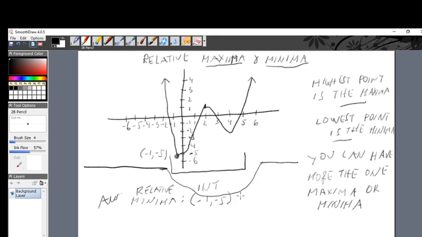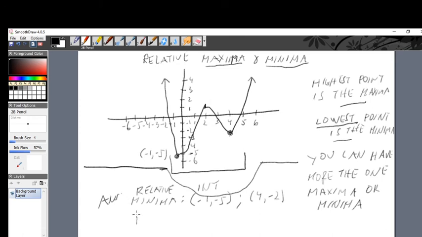And there's another one. Right over here is one of the lowest points, right? Here's another lowest point. So another one of the relative minimas is 4, comma, -2.